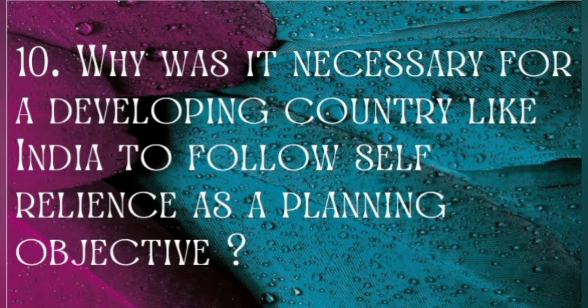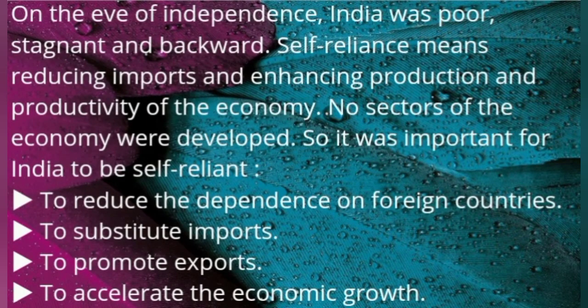10th question. Why was it necessary for a developing country like India to follow self-reliance as a planning objective? Answer. On the eve of independence, India was poor, stagnant and backward. Self-reliance means reducing imports and enhancing the production and productivity of the economy, becoming self-reliant. That means increasing the capacity of the country to produce all the essential basic needs of the country on its own.